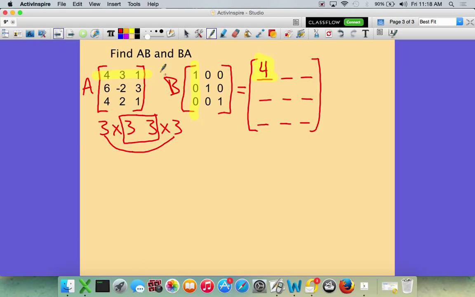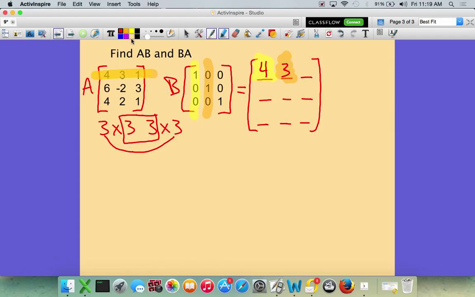Coming over to our next spot, to get this one we would do row 1, column 2. Now take a look at this one. This would be 4 times 0 is 0, 3 times 1 is 3, 1 times 0 is 0. So we're taking 0 plus 3 plus 0. We get a 3 here.